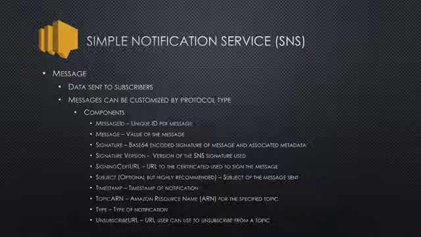In this case, it would probably be along the lines of ARN, colon, my account number, colon, SNS, colon, EC2 user data, and that would be my topic name. This is the Amazon Resource Name for the specified topic. Then the type of notification, and an unsubscribe URL, which is a URL that users can use to unsubscribe from a topic.